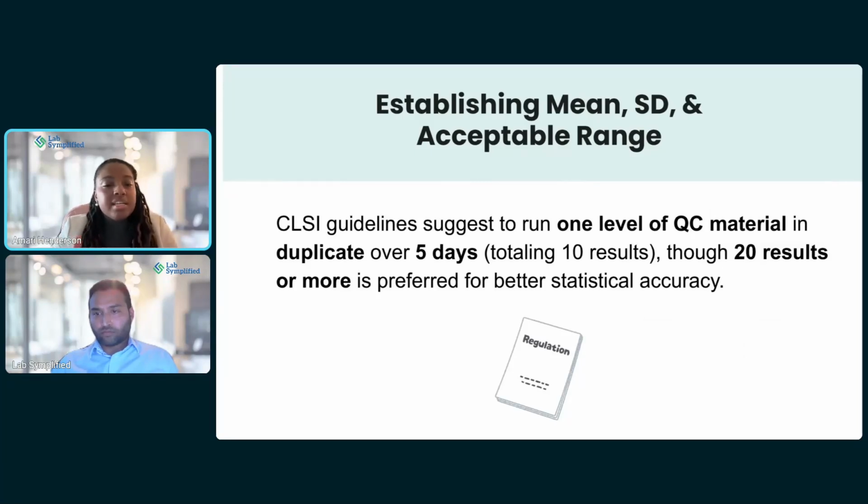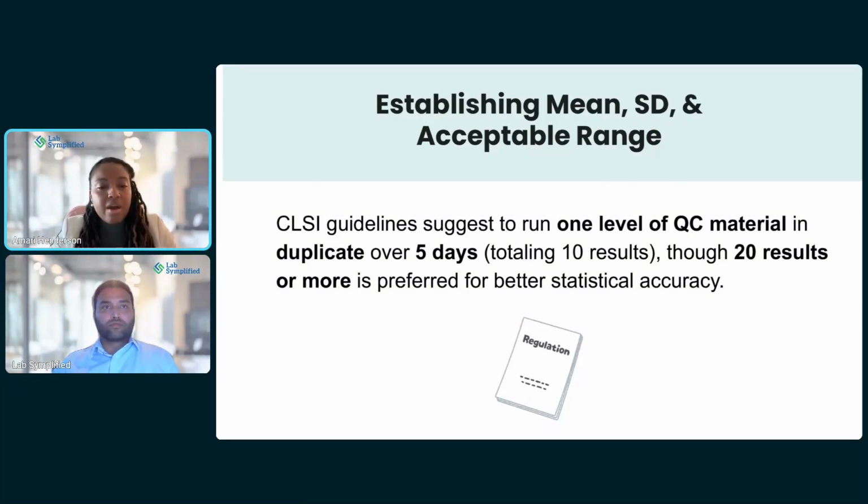Well, it is best practice to just use those target values as a guideline. Establish your own mean and range with your 10 to 20 data points, and then calculate your mean, SD, and range off of those values, and then compare it to the target values provided by the manufacturer.